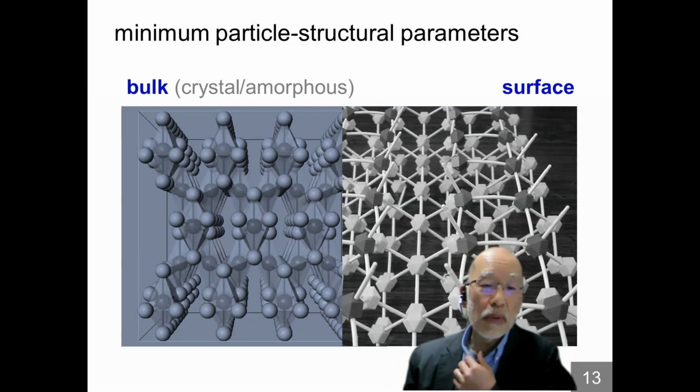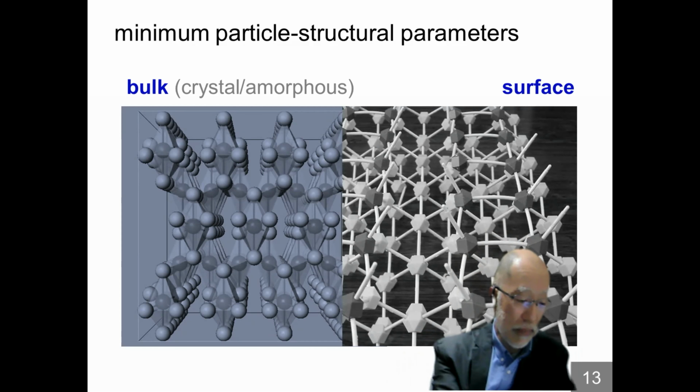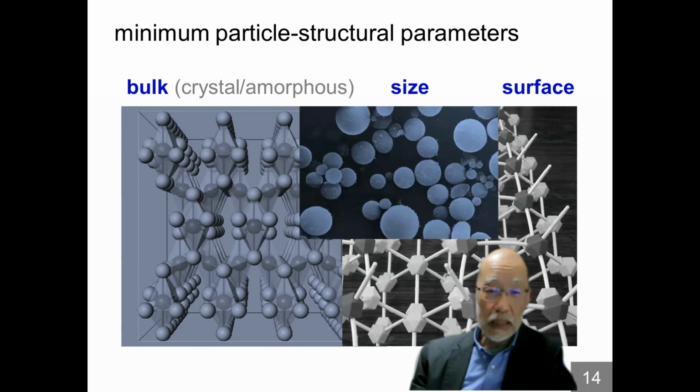There is no comprehensive way of describing the surface structure. Therefore, it is rather difficult to determine, and almost impossible to describe. And even if we can obtain the bulk and the surface structure of a solid, we need to determine the size.